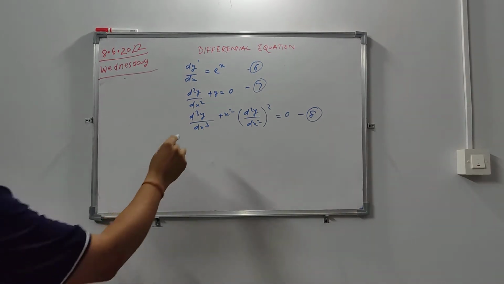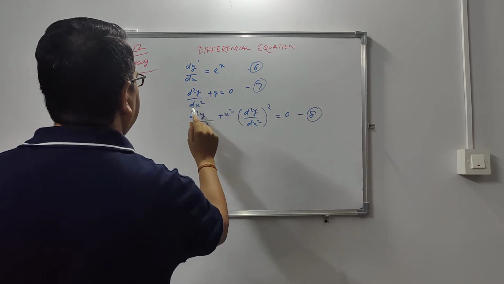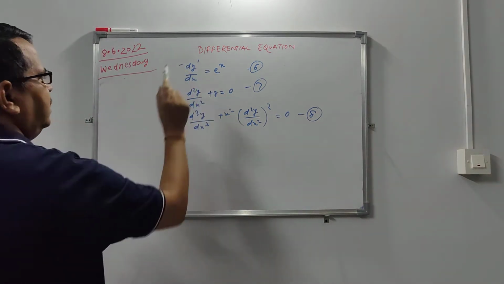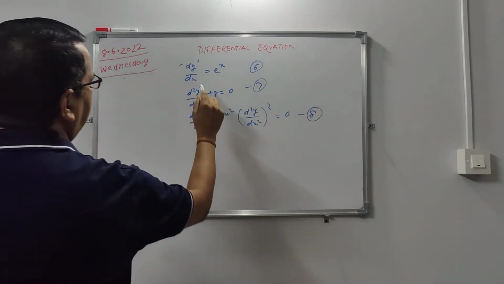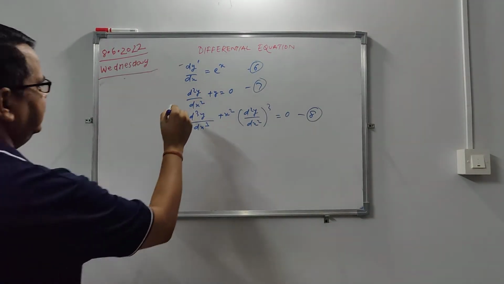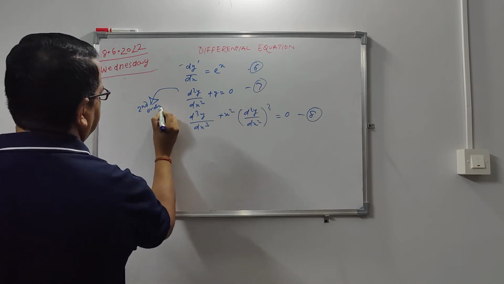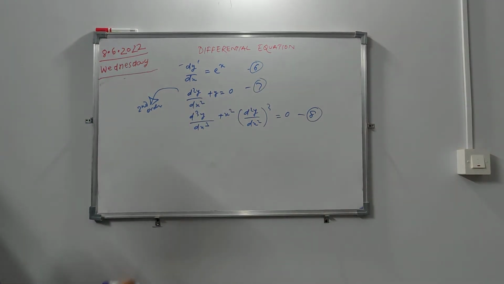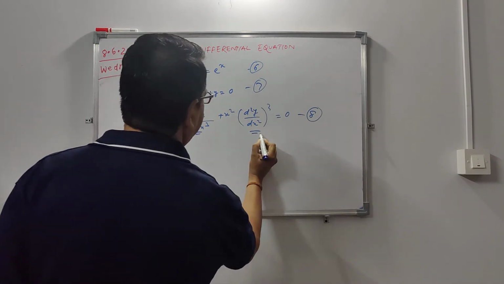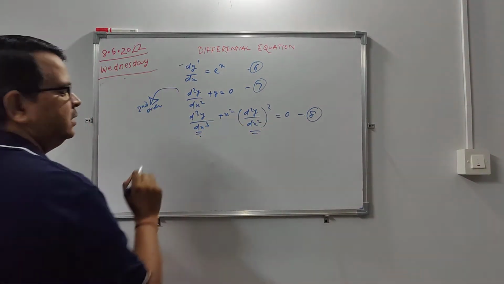You have one differential term, and that is first order only. Here it is second order, derived twice. This is a second order differential equation, and this one is third order.